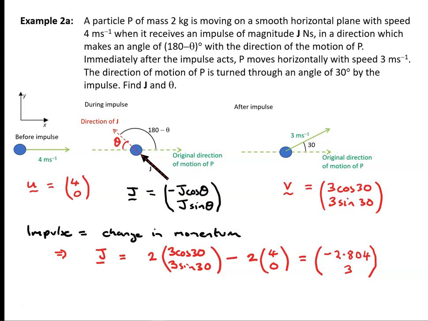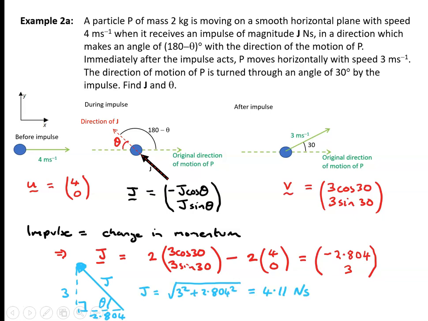A quick diagram of the vector J will help us find the magnitude and direction quickly. So Pythagoras gives me that the size of the vector J is 4.11 Newton seconds, and for the value of theta, we're going to have tan theta is 3 divided by 2.804, so theta is 46.9 degrees.